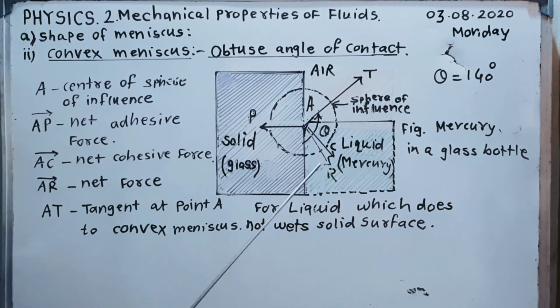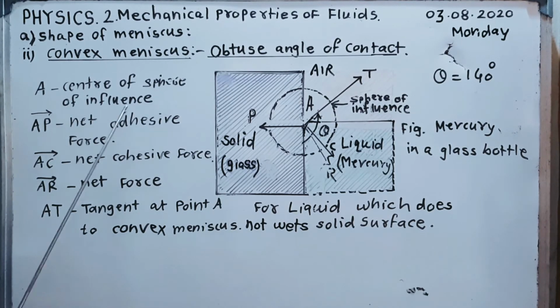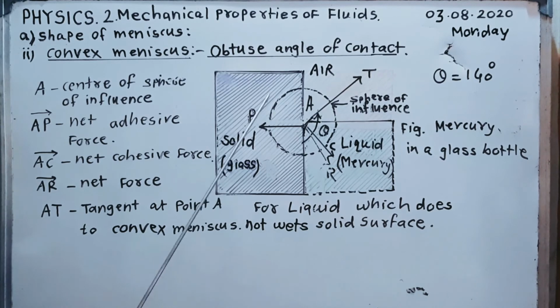Here a diagram is drawn in which there is a sphere of influence of the molecule A under consideration. A represents the center of the sphere of influence, while this sphere is drawn by considering a certain radius, that is called the radius of the spherical surface.